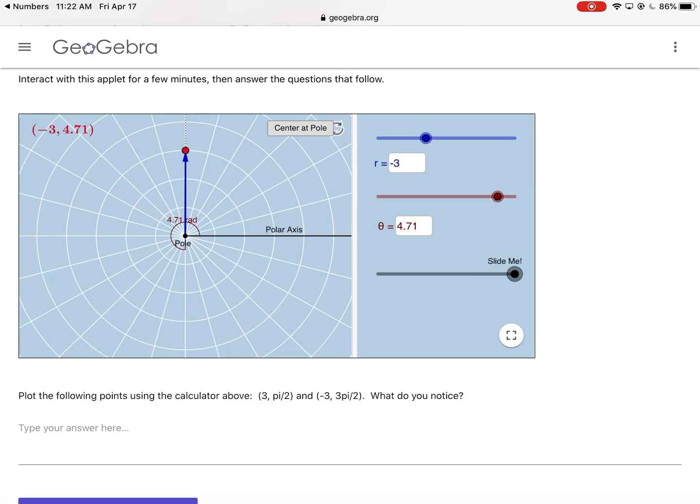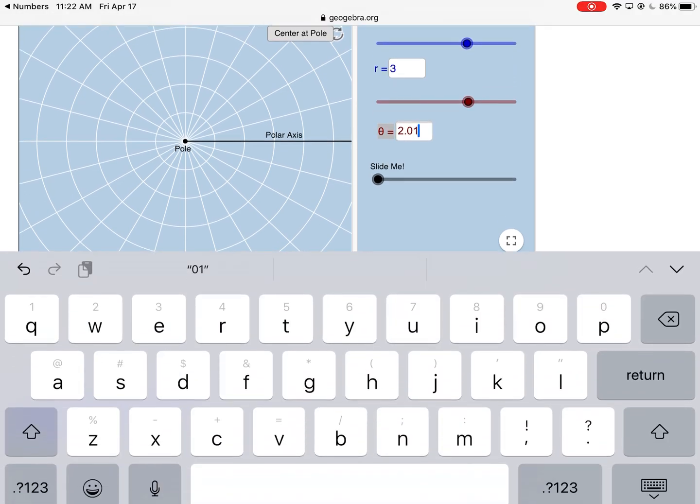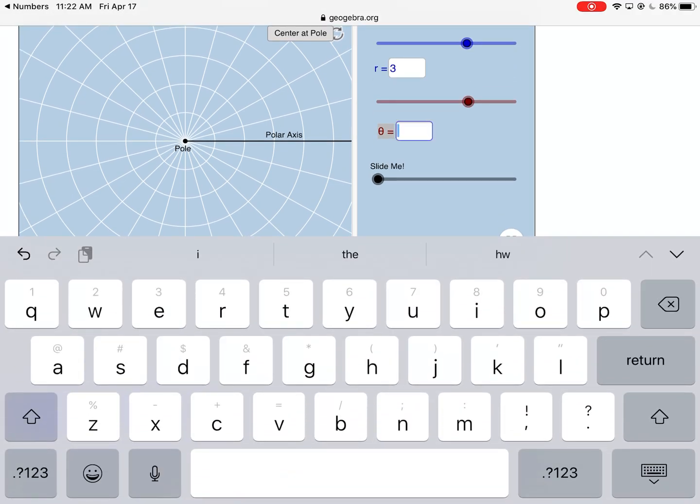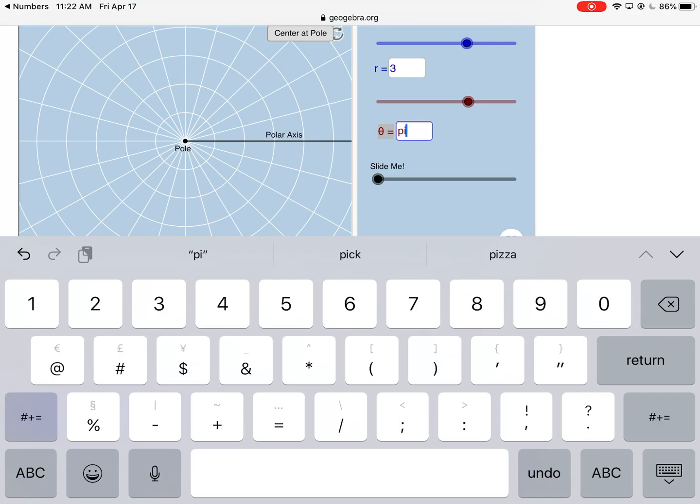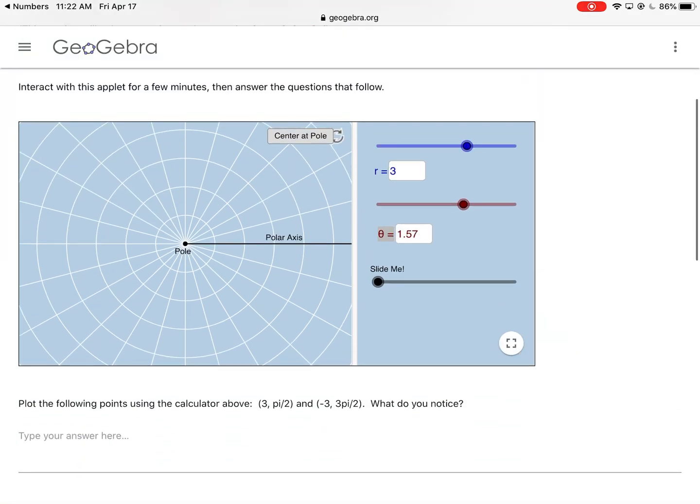Now understand, you could also just do this in terms of coterminal angles. So let's go back to r being 3 again. And then let's make this back to pi over 2. Okay, so we sweep that out. There's that initial point, right?